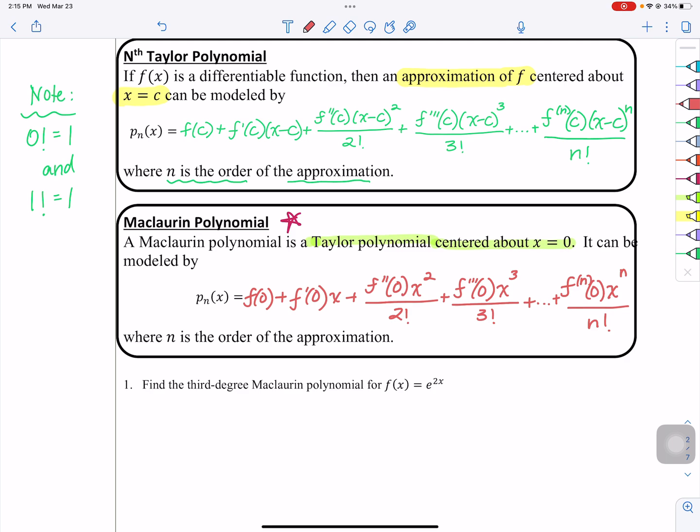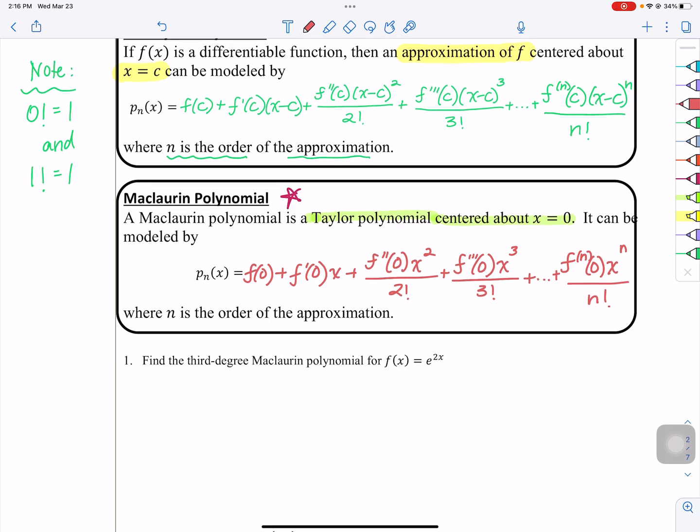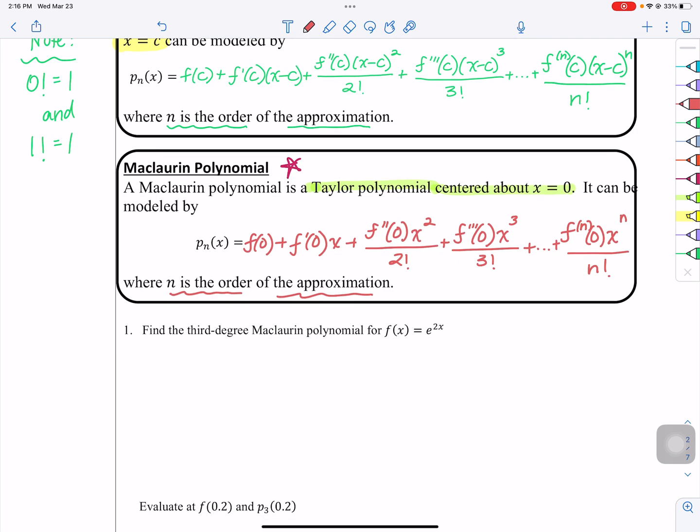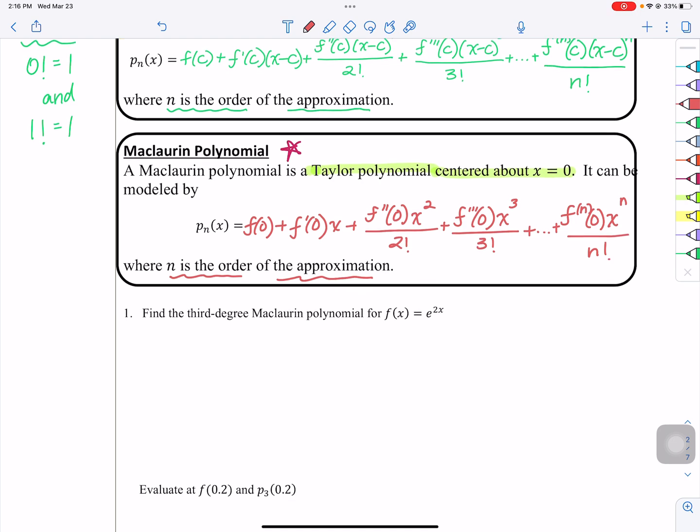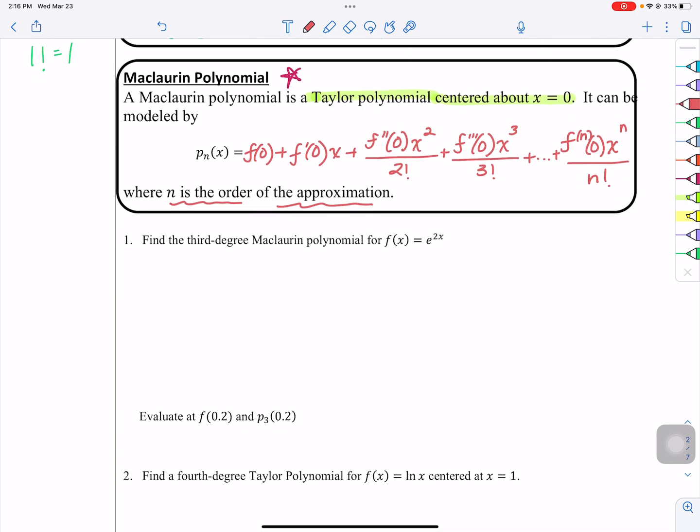So n here is again the order of our approximation. I think we should jump right in and get started. Let's look at number 1.